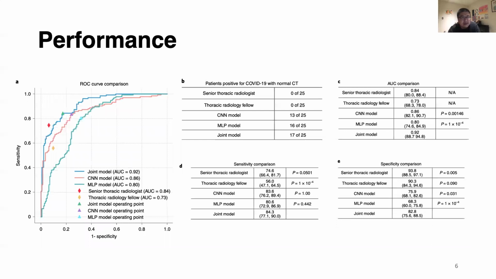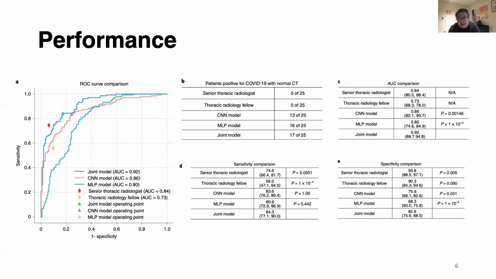So this is the prediction performance. For the ROC curve in figure A, it compares the ROC curves produced by the joint model, the CNN model trained just on CT images, the multi-layer perceptron model trained on clinical information, and 2 radiologists.